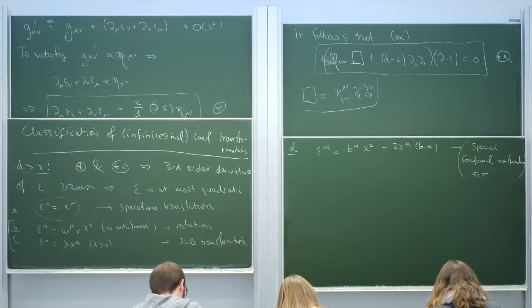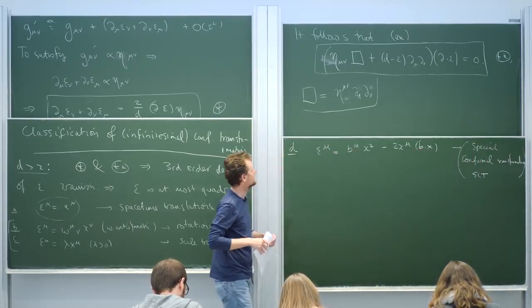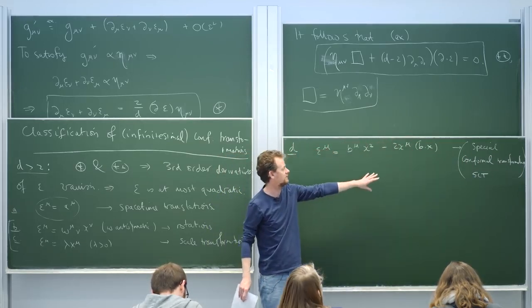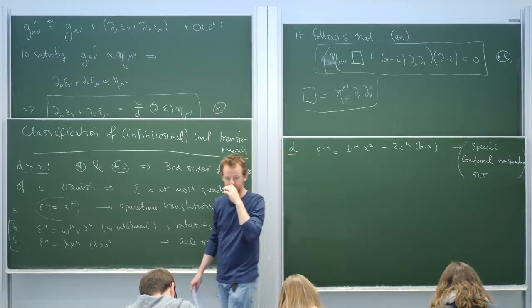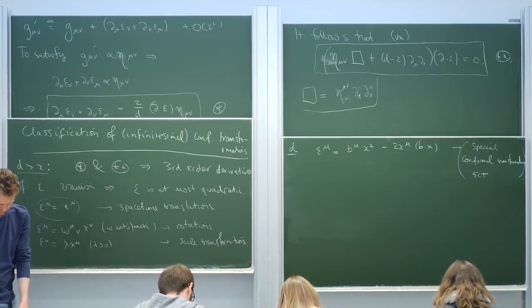So the quadratic transformations for an arbitrary d vector b have to look like this. And these are so-called special conformal transformations that involve an inversion through a circle or a sphere. A bit peculiar, but that's what we have.